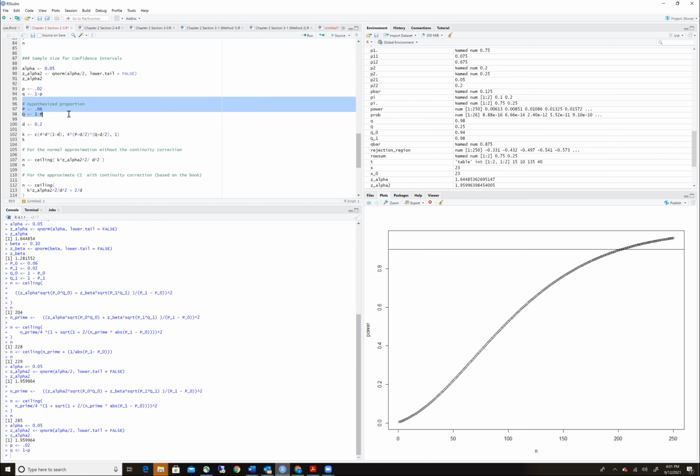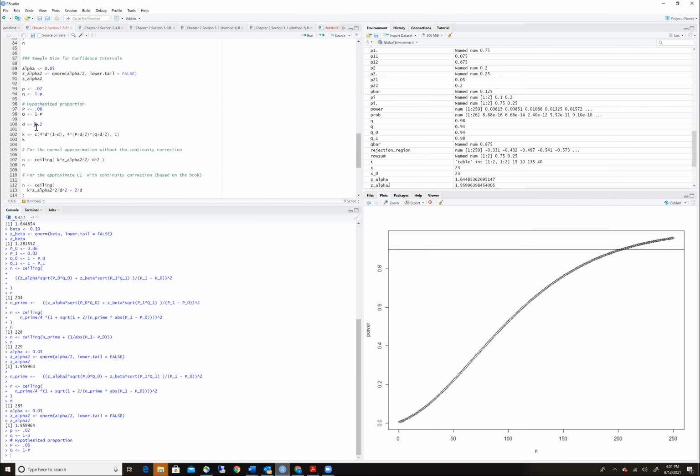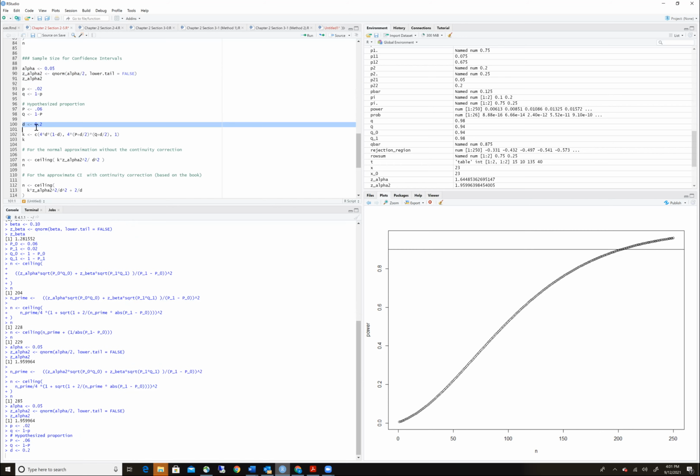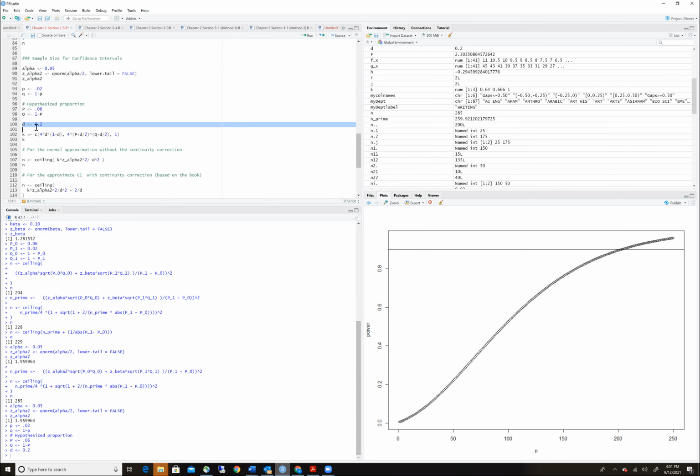And suppose we didn't want the complete width of our interval to be any bigger than 0.2. Right? So we want to limit the width of our confidence interval because we want to be able to say that with a certain amount of certainty, I am pretty sure that my parameter is within these two values.